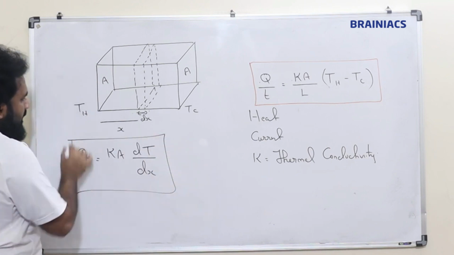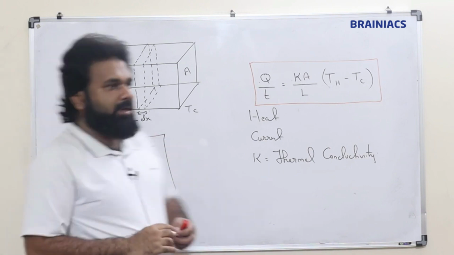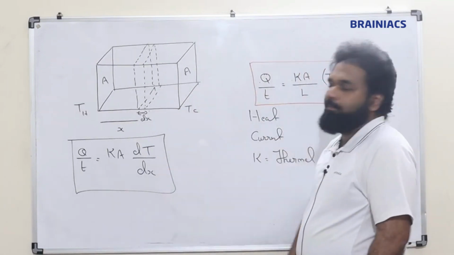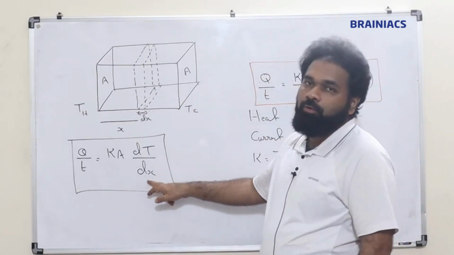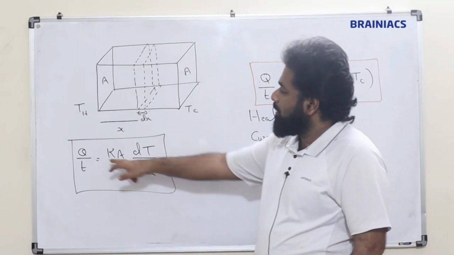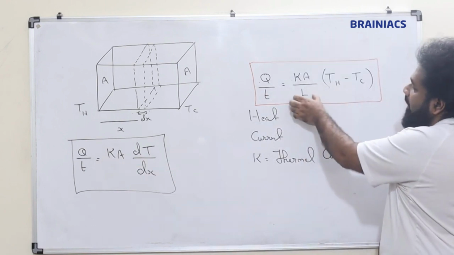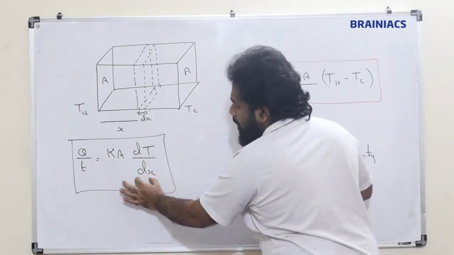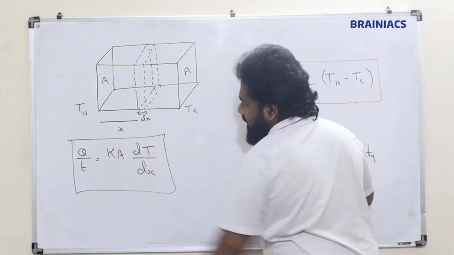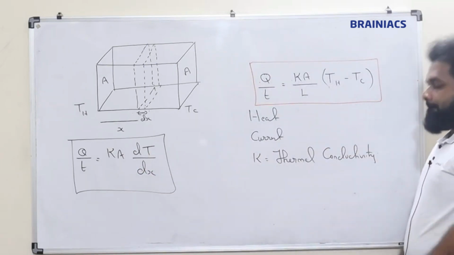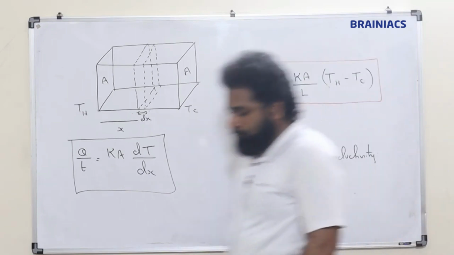If the temperature is given as a function of distance, then we will have to use this formula. Same thing, only instead of the full length we are taking that small length, dT by dx. This also you can note down.